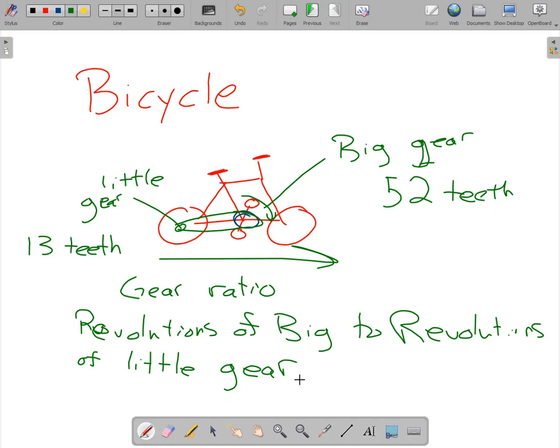So think about that for a second. Think about this picture. Think about me pedaling, the chain connecting these things, the big gear moving, making the little gear move. Write down what you think the ratio is going to be of revolutions of the big gear to revolutions of the little gear.